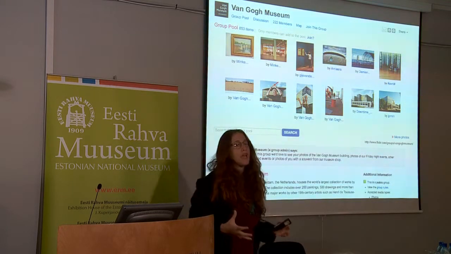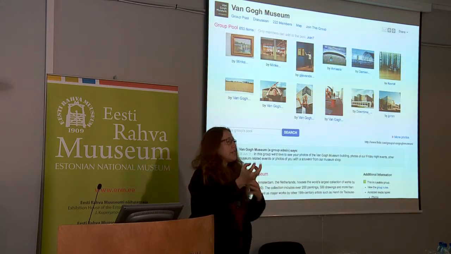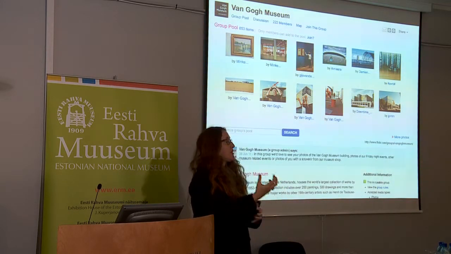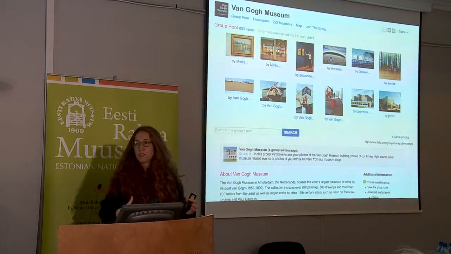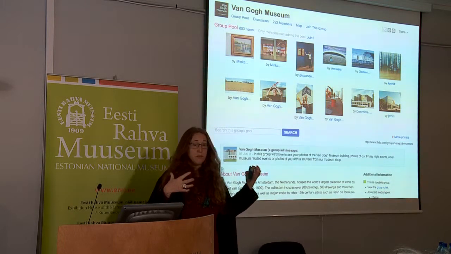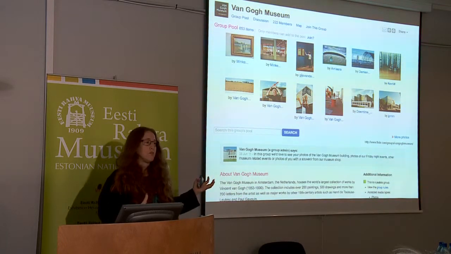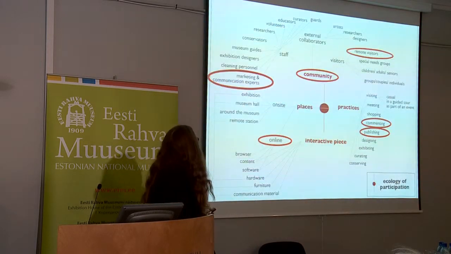So they have created a community inside Flickr, and they have invited all these people who, on their own visit to the museum, have taken pictures.